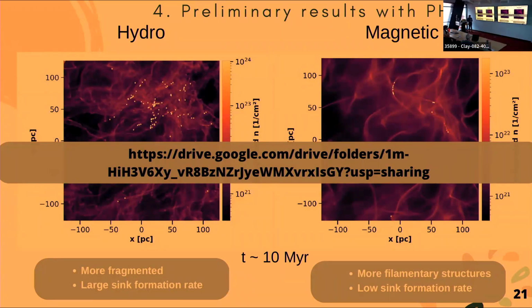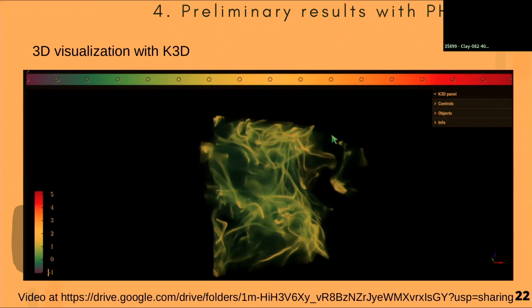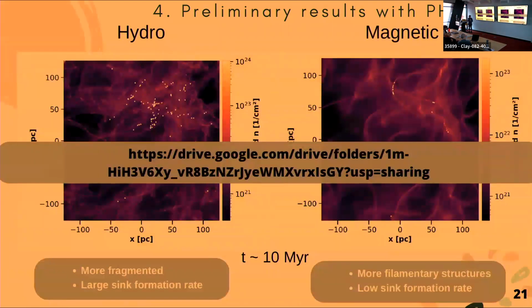And just as a parenthesis, I was trying to find a way to see the whole simulation box in 3D, like a quick view. Again, this was totally an experiment. I used K3D in Jupyter to plot the entire box. And if you go to this previous link, you're going to see a video.